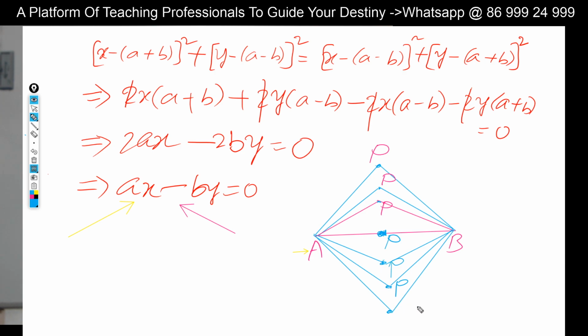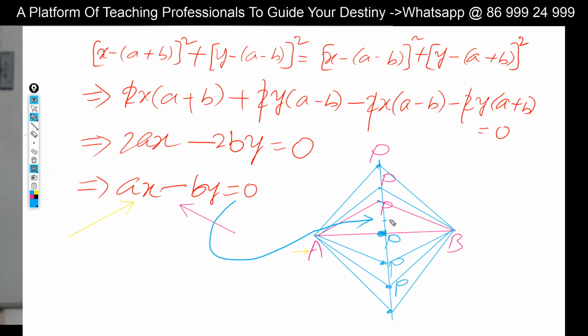The set of points or the path traced. We said in the definition, the path traced. This is the path traced, and the path traced is nothing but this.